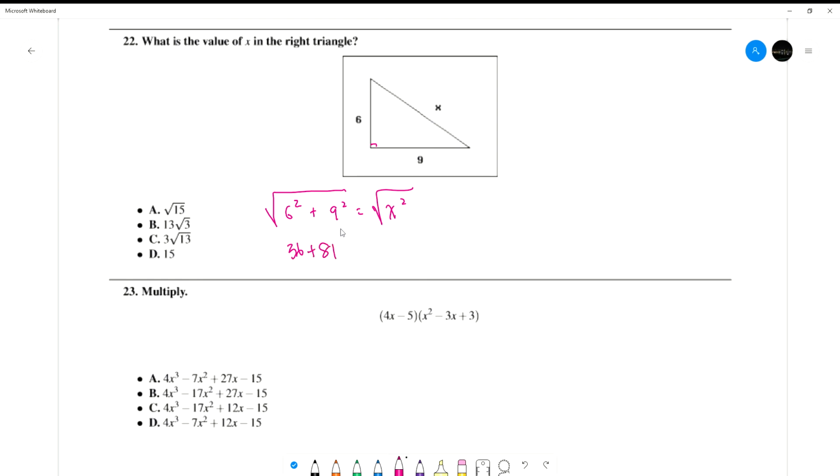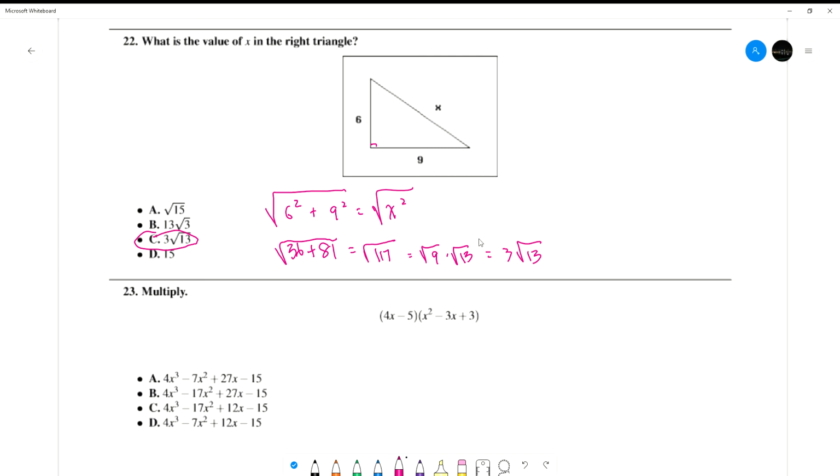That's what, 115? I'm sorry, 117. So radical 117. We could probably simplify that. That's 9 times 13. So this is radical 9 times radical 13, which is 3 radical 13. That is C. You just throw that into your calculator.